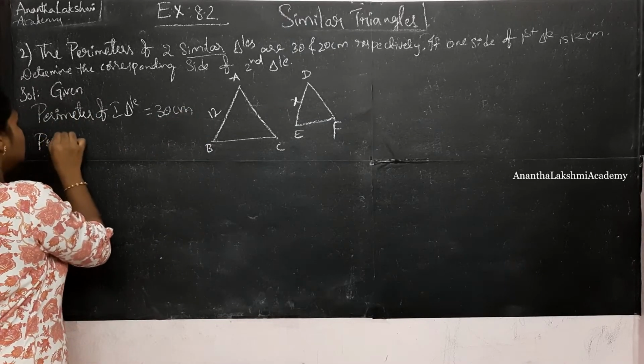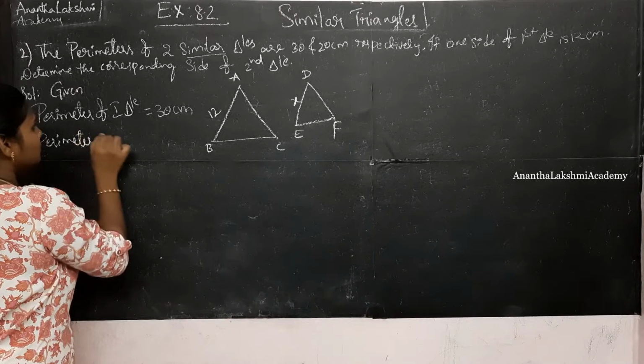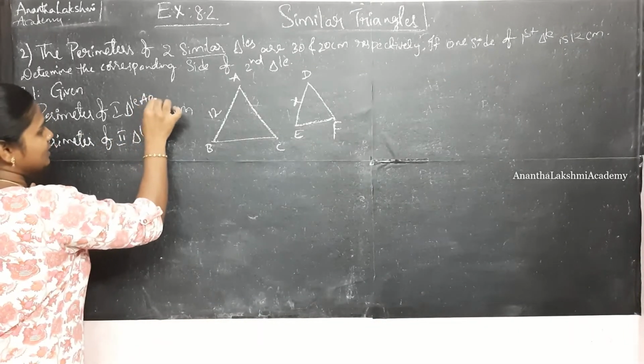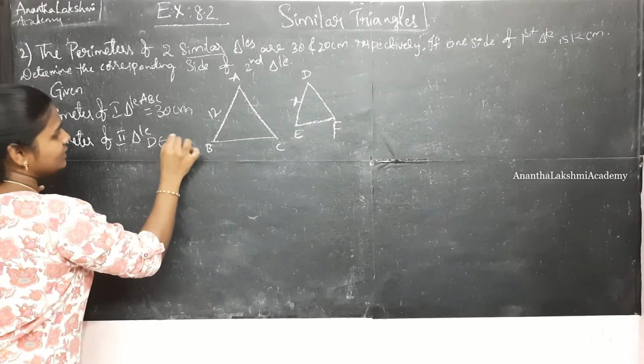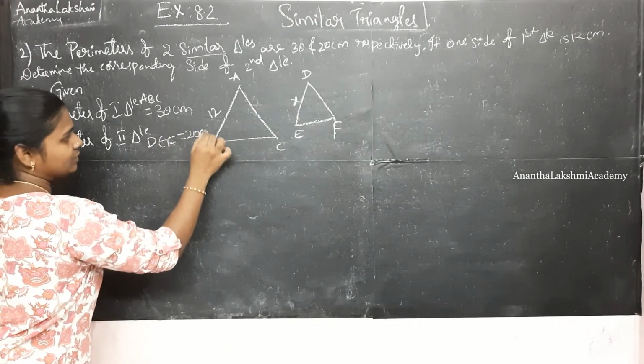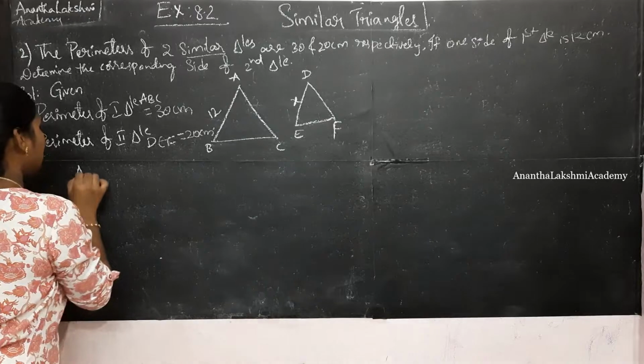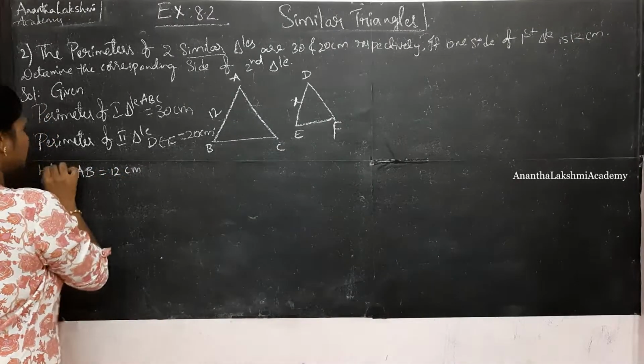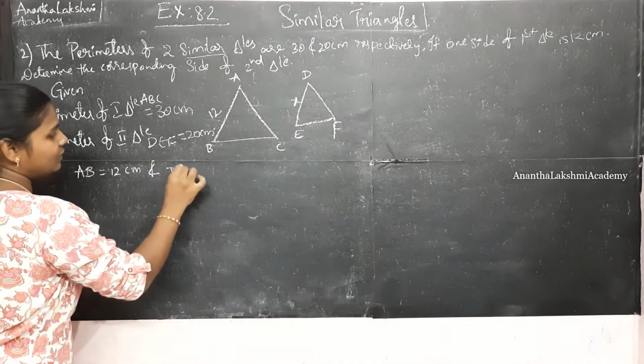Perimeter of the second triangle DEF is equal to 20 centimeters. Also given AB is equal to 12 centimeters, and let DE be equal to X.